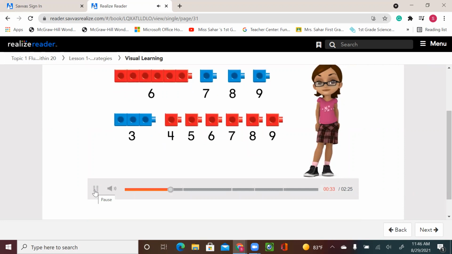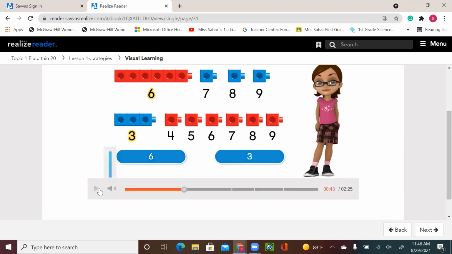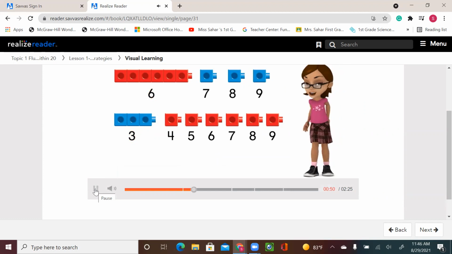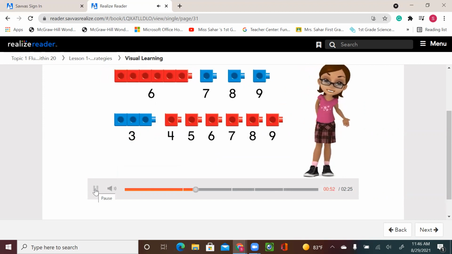Is it easier to count on from the greater number, 6, or from the lesser number, 3? Select your answer. Which one? If you start counting by 6 or if you start counting with number 3? If you count from the greater number, you do not have to count on as many. Counting on from the greater number is easier.